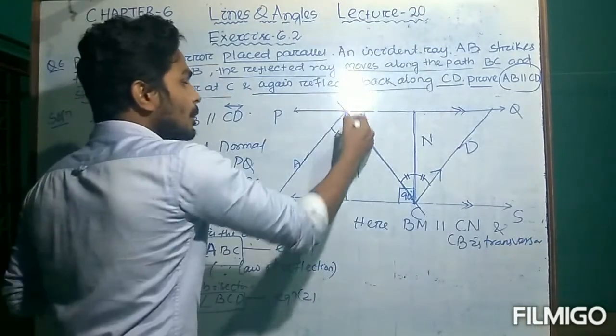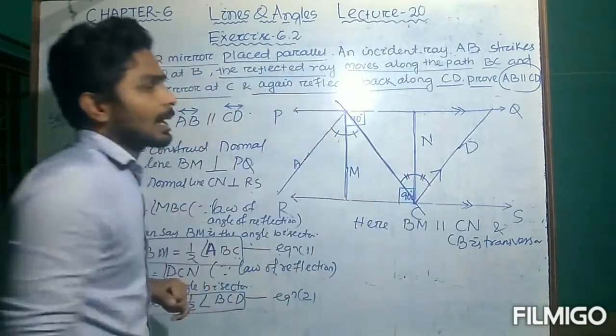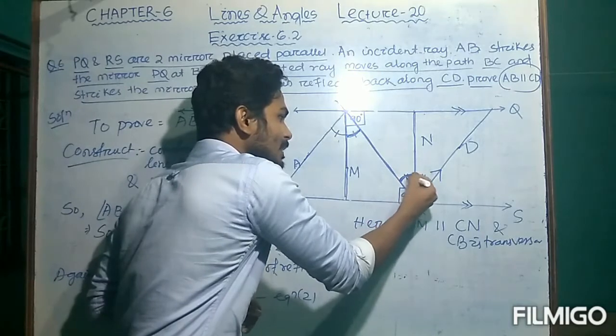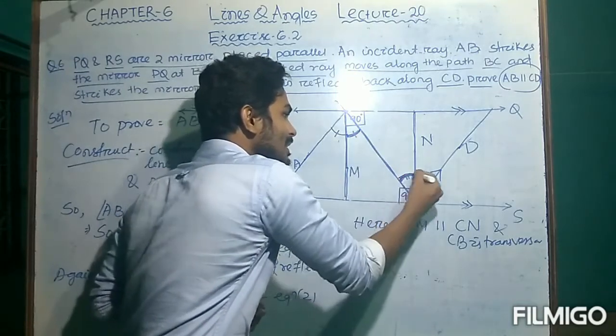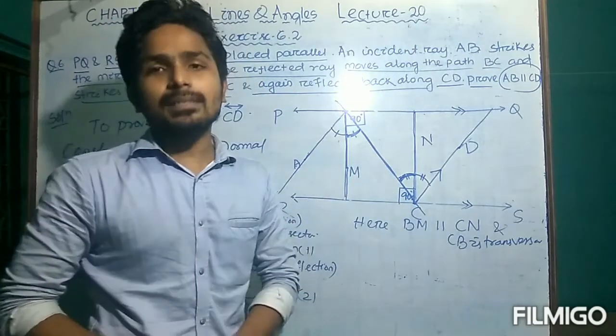So BM and CN are parallel lines, and this is a transversal line. Then what is the relationship between this angle and this angle? Tell me. This angle and this angle are alternate interior angles.